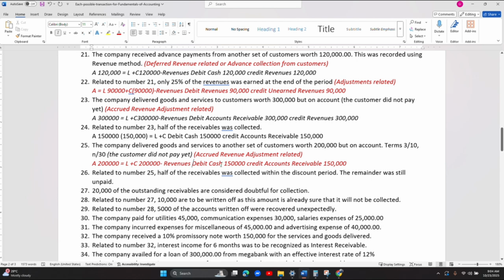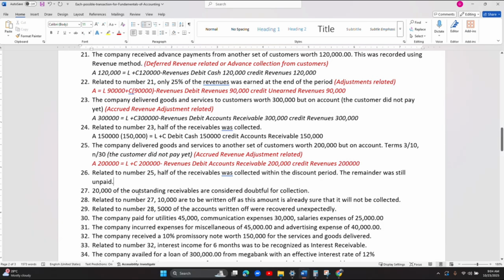So you have to debit accounts receivable instead of cash, 200,000, and then credit revenues, 200,000. That's it.